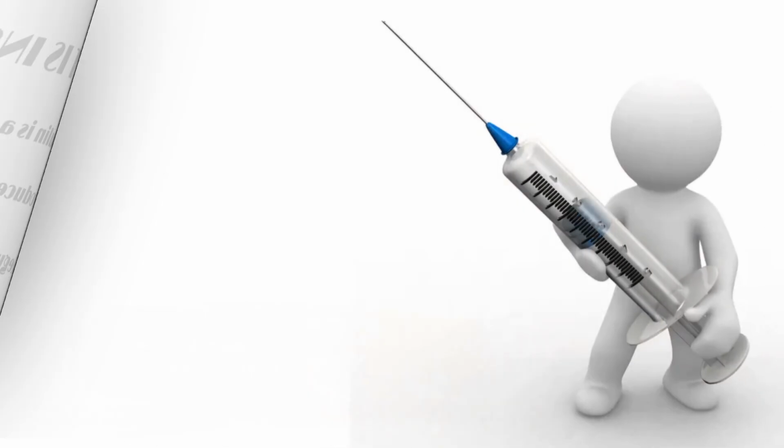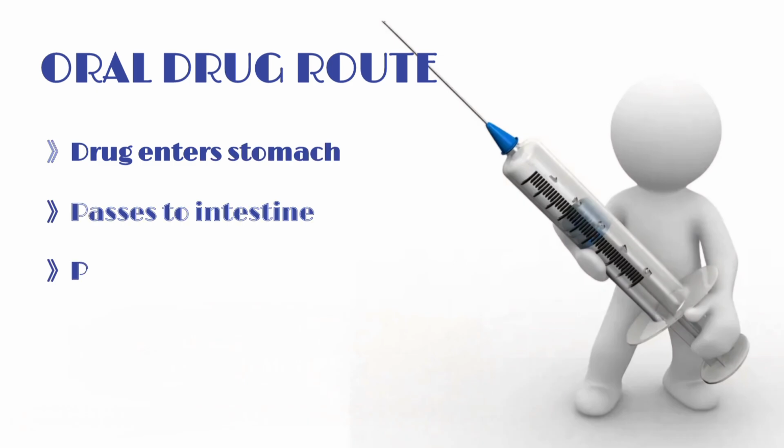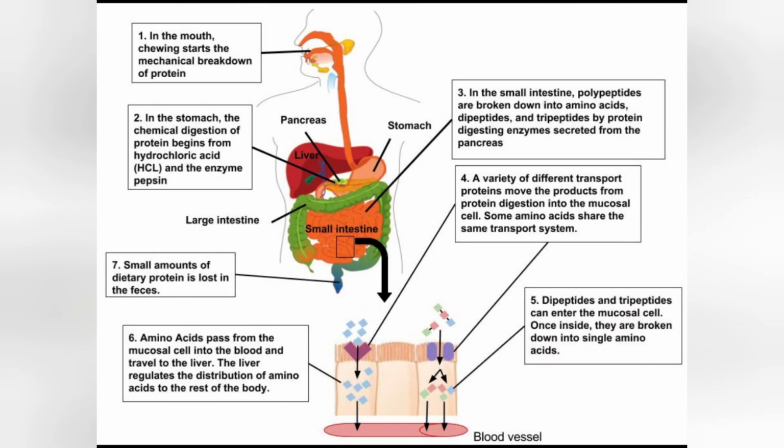So what happens when we take oral medicines? When a medicine is taken orally, it enters the stomach first. The stomach contains strong hydrochloric acid and digestive enzymes such as pepsin, which mainly help to break down food, especially proteins.